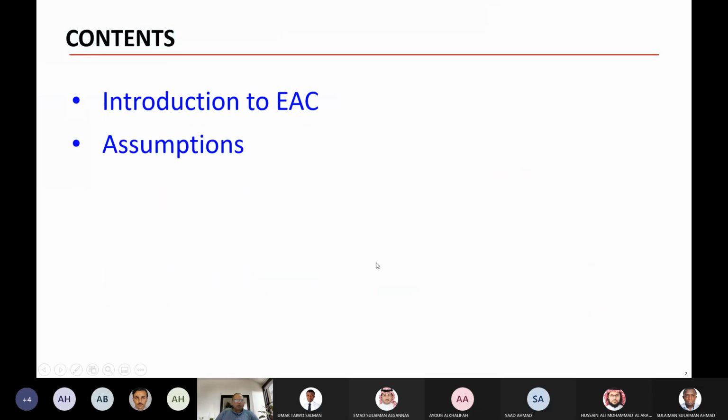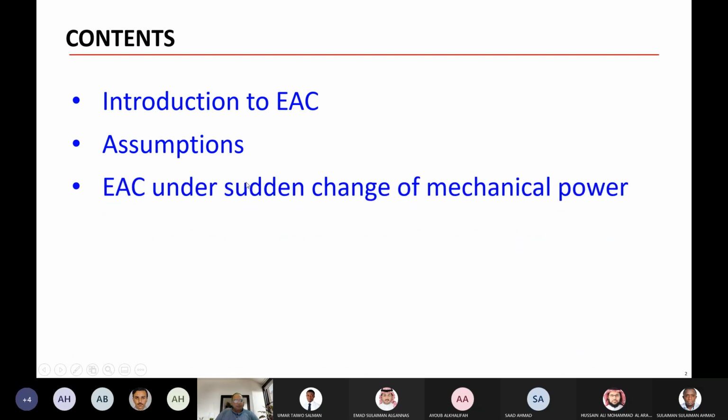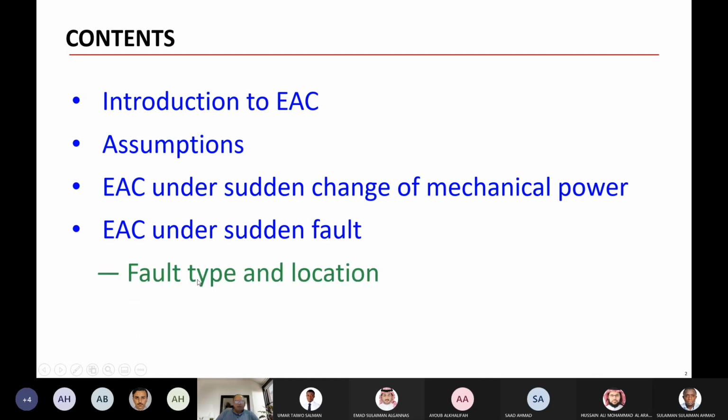So, introduction to equal area criteria and some assumptions. When you have this equal area criteria solution, you have to put some assumptions. Equal area criteria under sudden change of mechanical power. We will discuss different cases: a sudden change in mechanical power, and also a sudden fault, which could be a three-phase fault or a single line to ground fault.